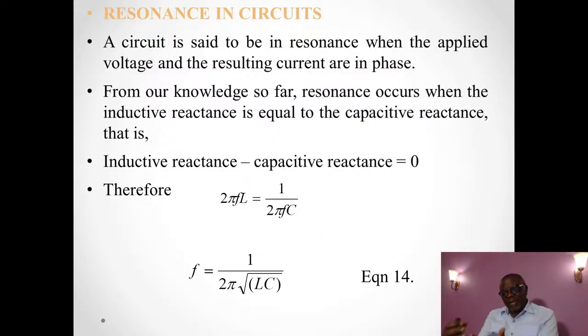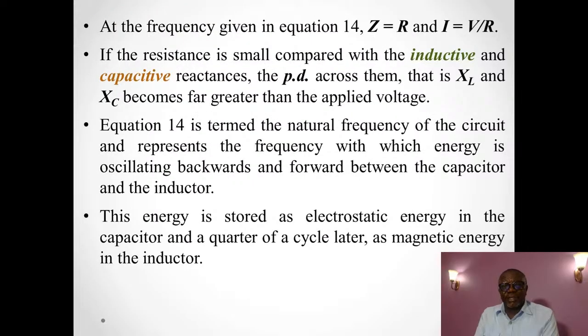And to find that thing that is happening, we isolate the frequency of operation at that point. So if you do that, you see that the frequency of operation at that point will be 1 over 2 pi square root LC. We call that equation 14.